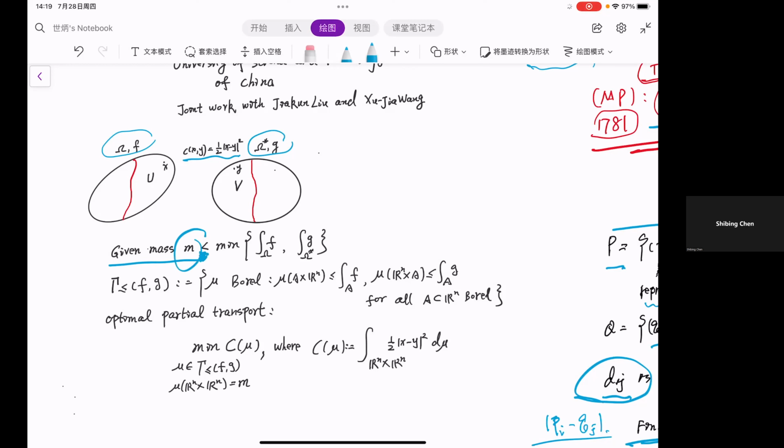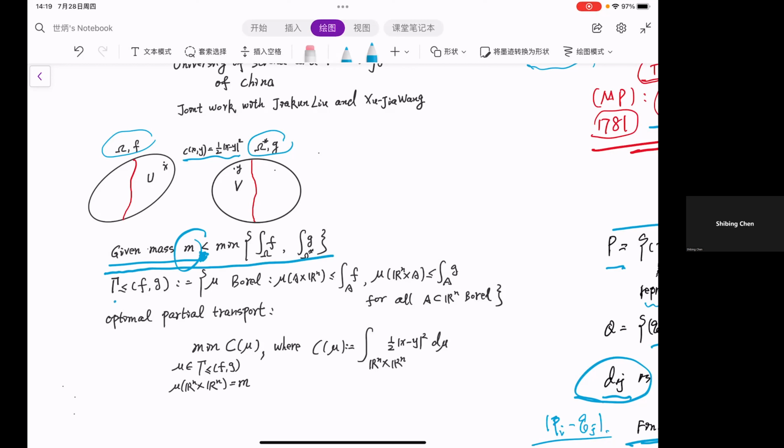Then the heuristic question is that we want to find the most economical way to transport mass m from the source domain omega to the target domain omega star.